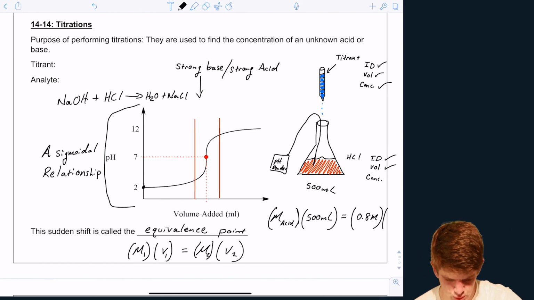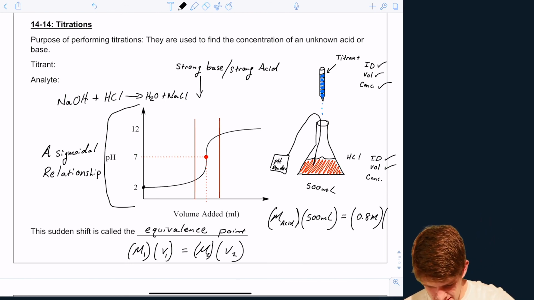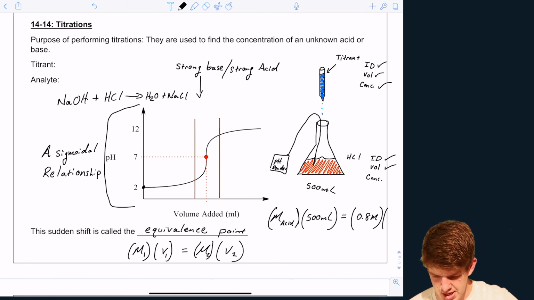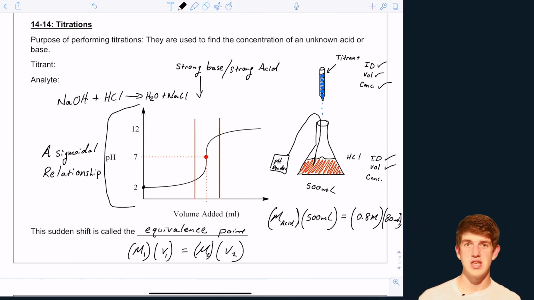So, as we get back to our original problem, the concentration of the acid is unknown, but we know we have 500 milliliters of it. Our NaOH has a concentration of 0.8 moles per liter, and let's say it took us 80 milliliters to actually get to the equivalence point, to neutralize our solutions.